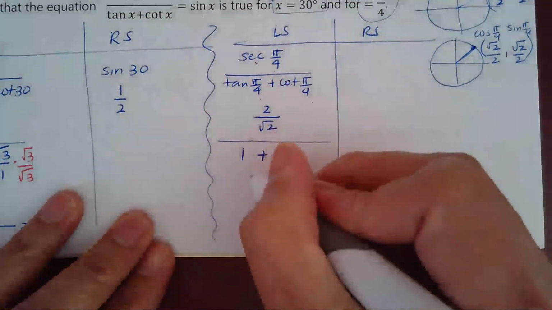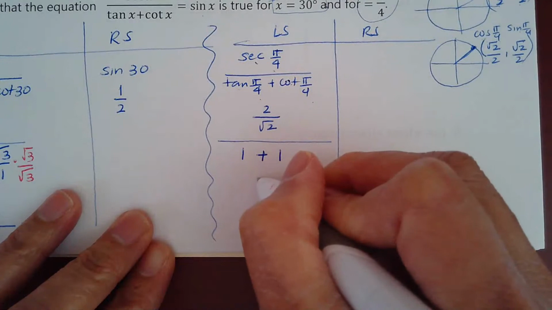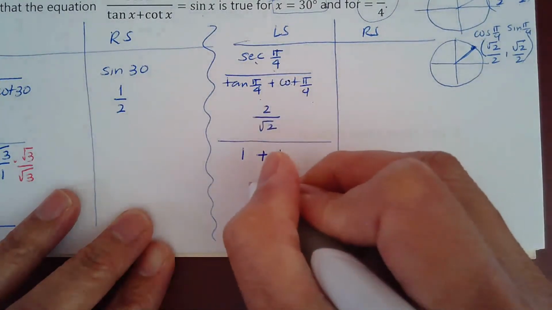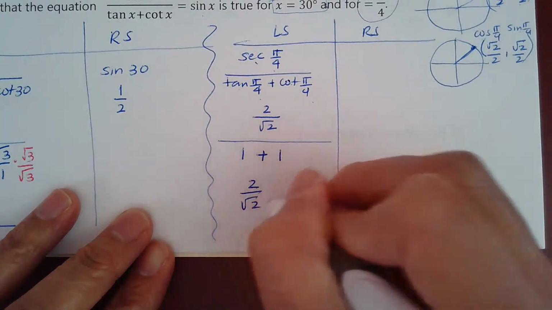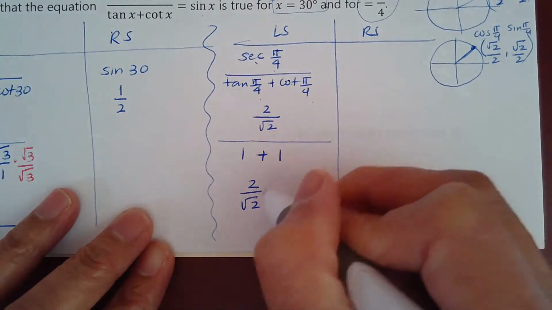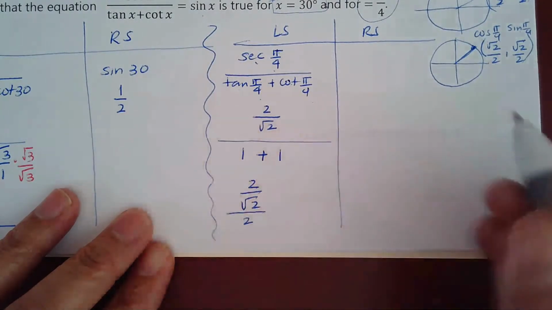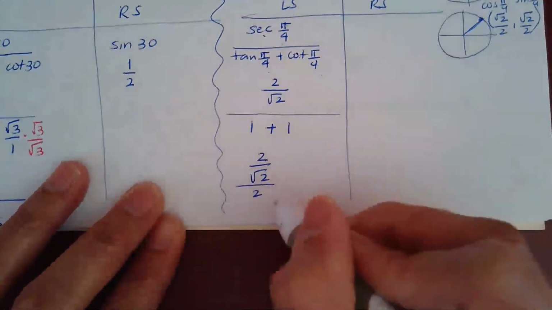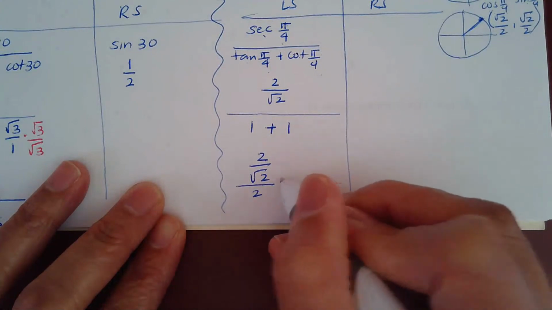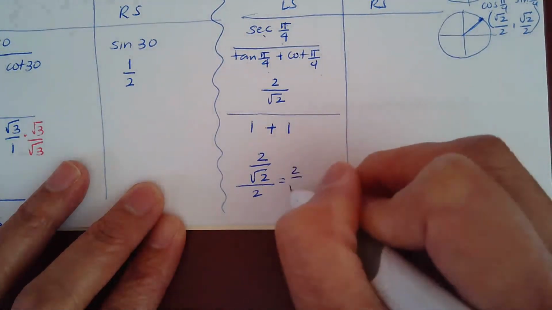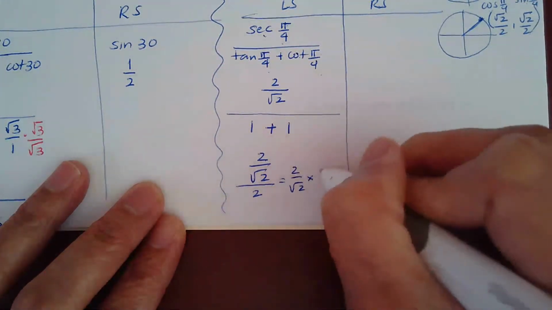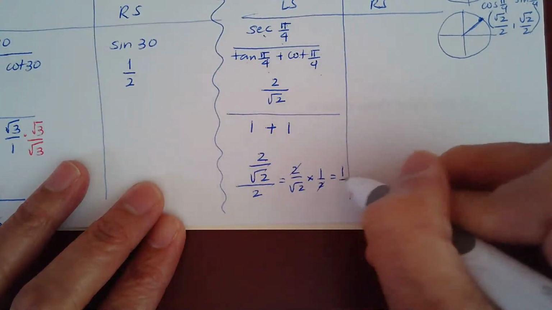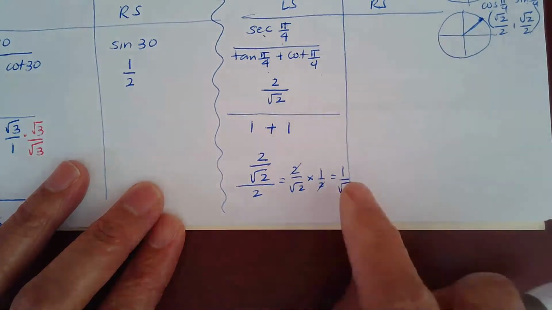Okay, so that will give us 2 root of 2 divided by 2. How do we do that? It's going to be 2 root 2 times 1/2, which is 1 over root of 2.